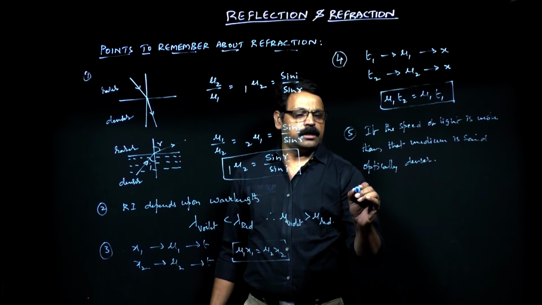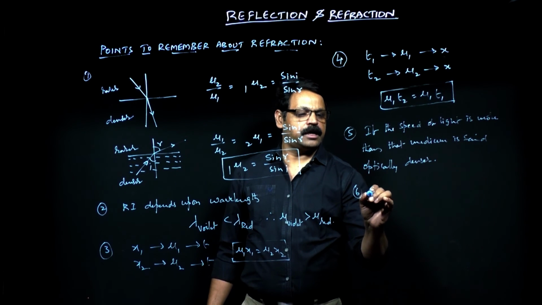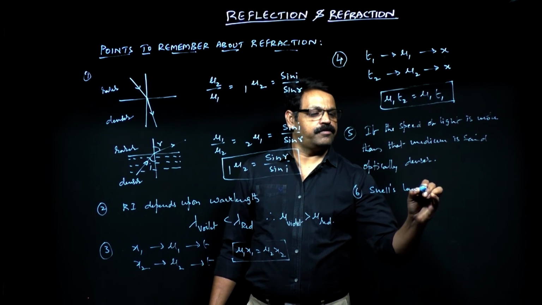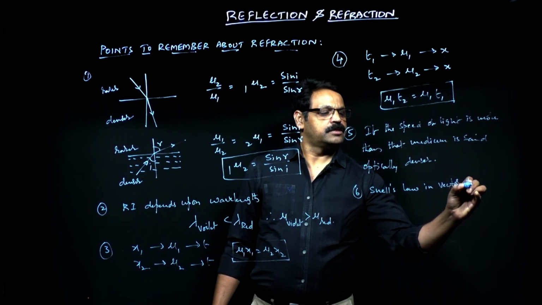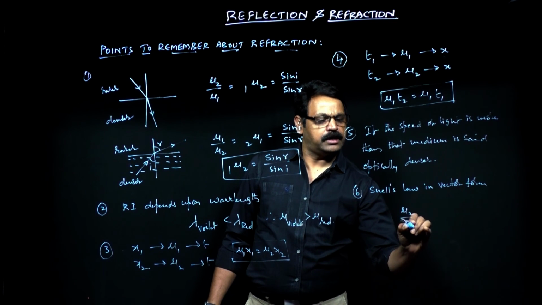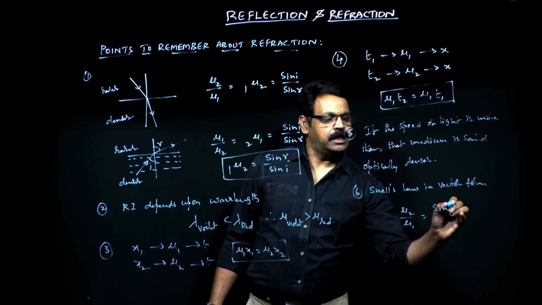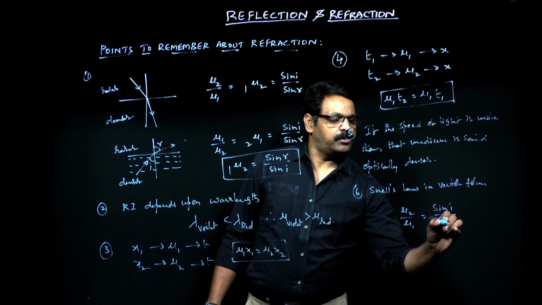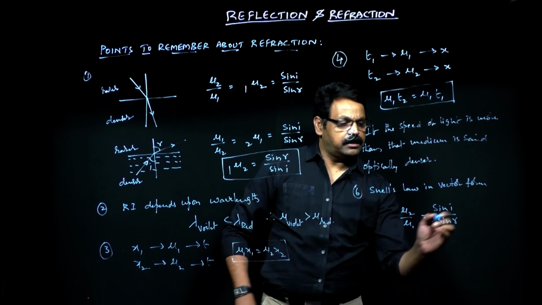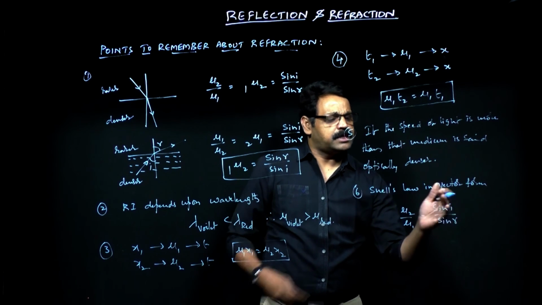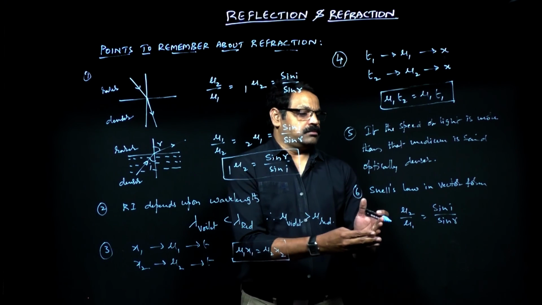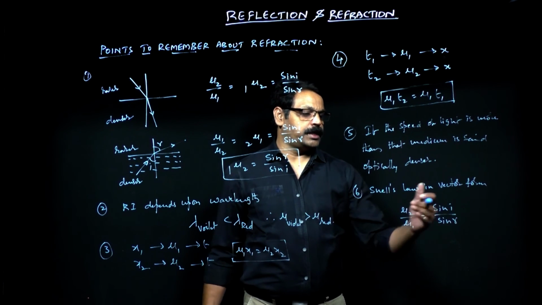And Snell's law in vector notation, Snell's law in vector form. Snell's law can be written as mu2 by mu1 is equal to sin i by sin r. This is the formula you have. In order to get this in terms of vectors, this is an advanced concept in Snell's law. You need to look at this for the competitive part.